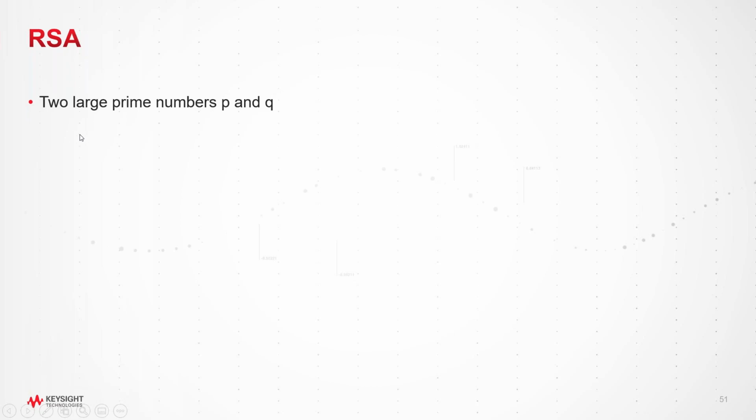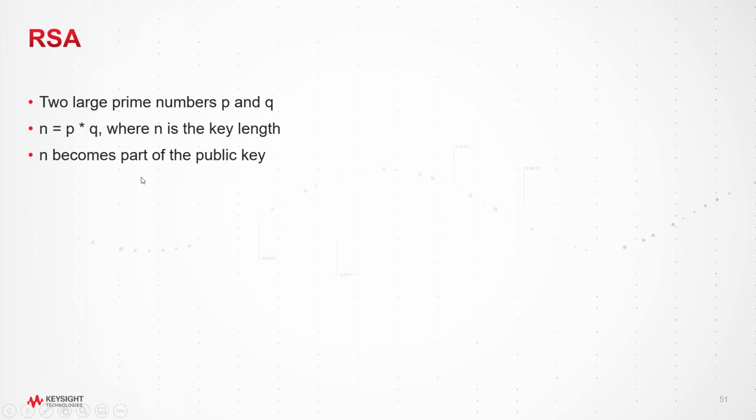I'm talking very high level. I'm not going to go into detail here. You essentially have two large prime numbers. You multiply them together and you get the value n, which ends up as the key length, okay? So n also becomes part of the public key, but the question here is, is factoring n difficult?